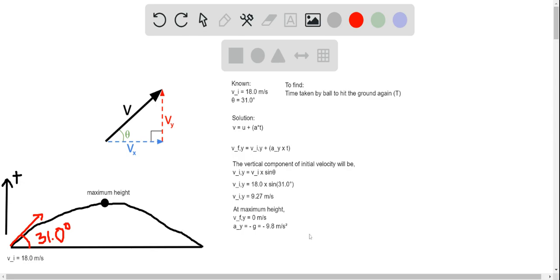But you can see that the acceleration of the ball at the maximum height is negative g. It's negative because gravity is acting in a downward direction, and I said before that the downward direction is the negative direction, right? So that's why the acceleration of the ball at maximum height will be negative 9.8 meters per second squared.